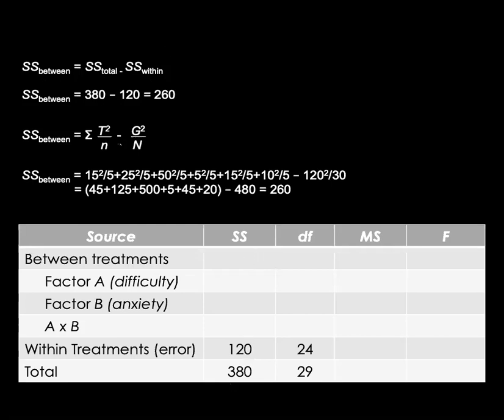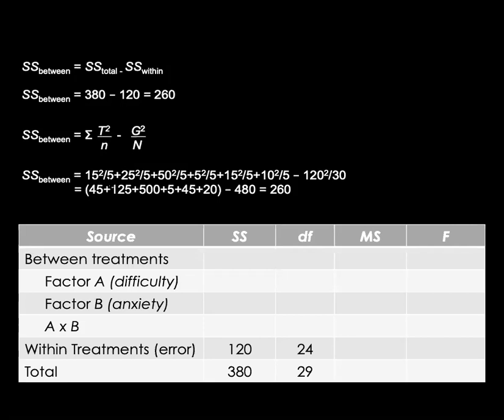Very straightforward. The computational formula is the sum of T squared over n minus G squared over N. So you would take each T value for each condition, square it, divided by the n of that condition. You'd add those all up and then subtract G squared over N. So here, the T for the first group or condition is 15. So 15 squared over the n for that same condition is 5.